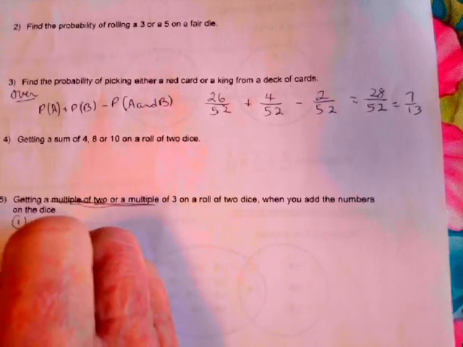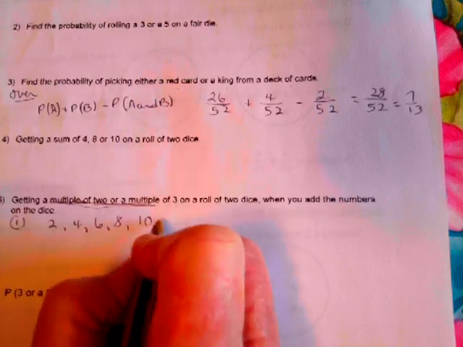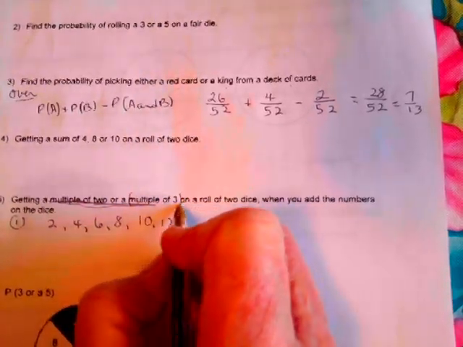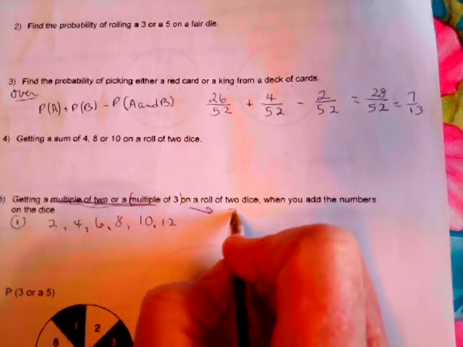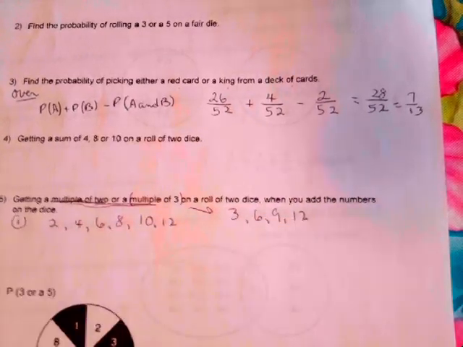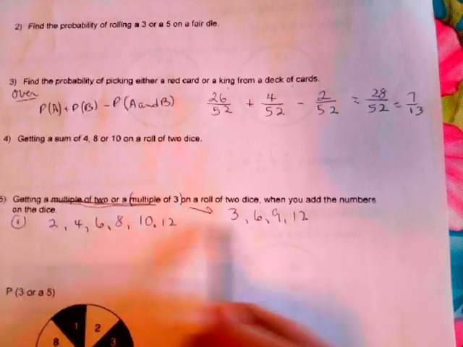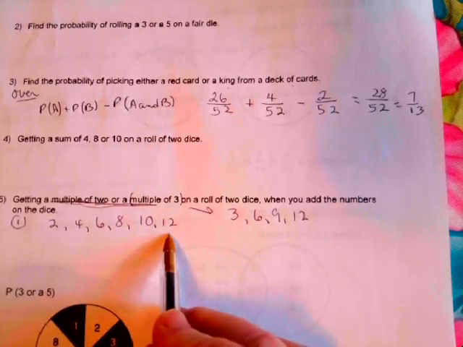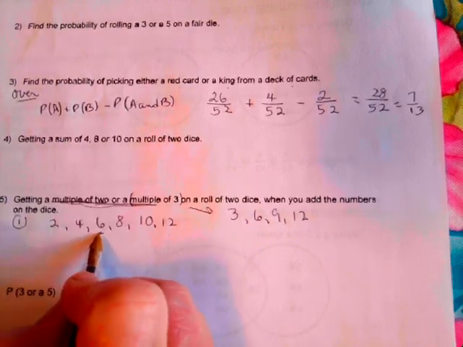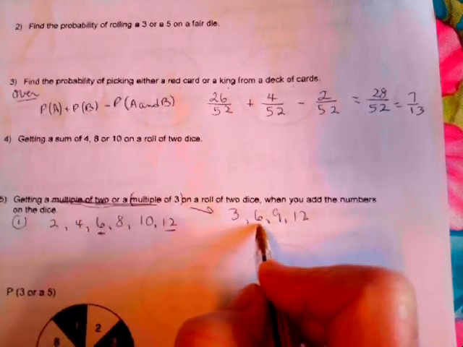That would be 2, 4, 6, 8, 10, 12. Multiples of 3 would be 3, 6, 9, 12. Are there any that are in both? Yes. What's in both? 6 and 12.